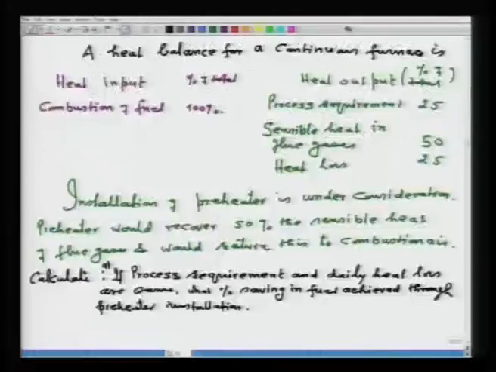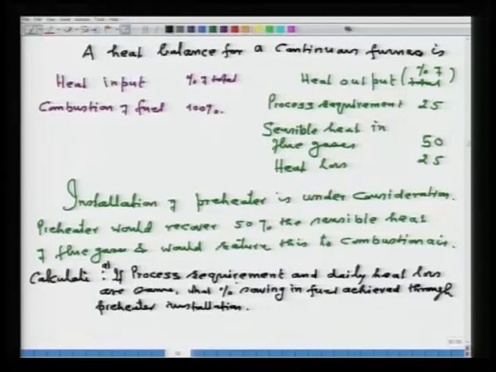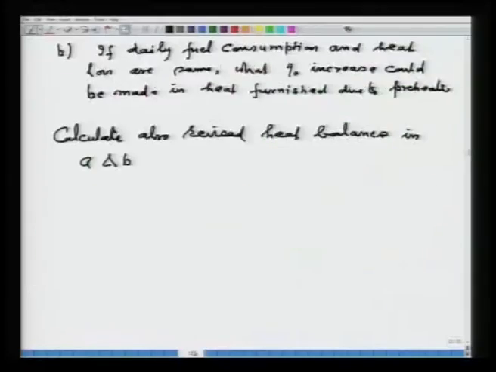In part A, the process requirement and daily heat loss are the same, so what percent saving in fuel will be achieved? That means the fuel will not be 100%, it will be some x percent, because you are saving fuel.